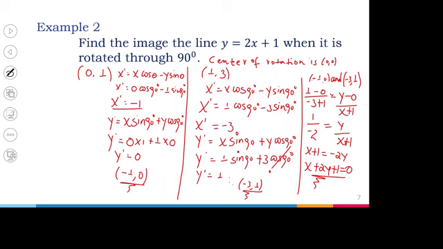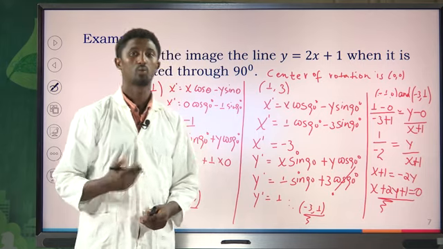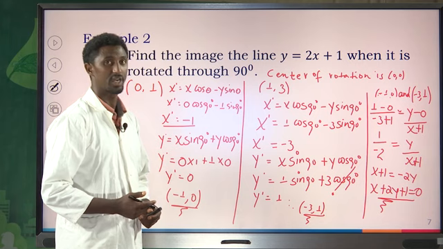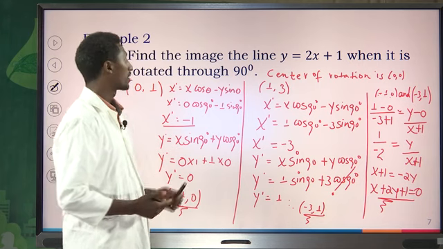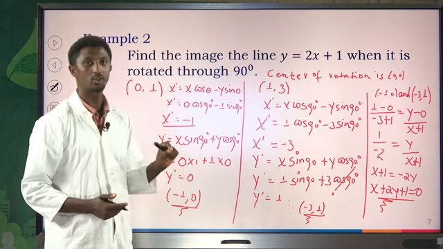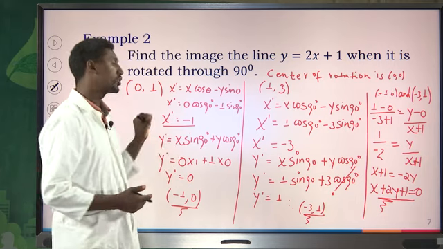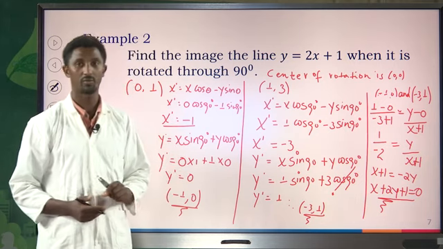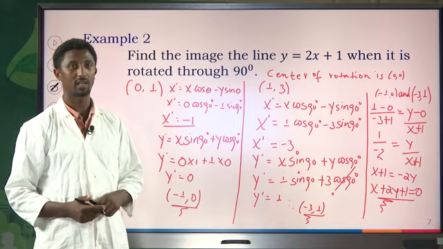In general, to find the image of a given line when it is rotated through an angle theta with center of rotation (0, 0), find the image of any 2 points on the line. Using those images, you can find the equation of the image of the given line.